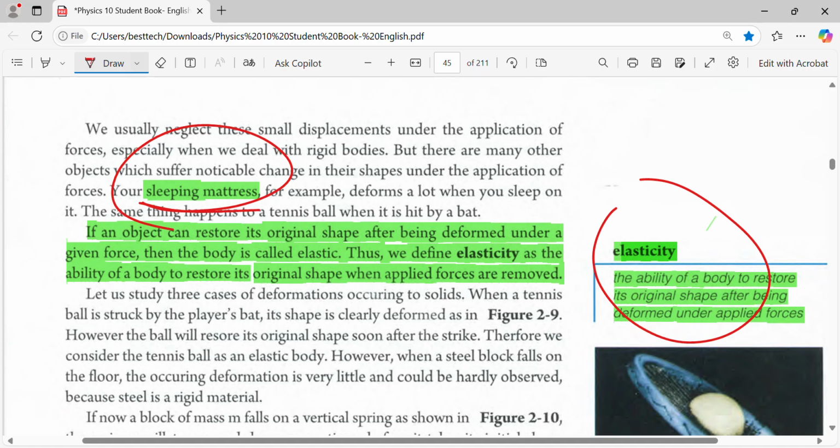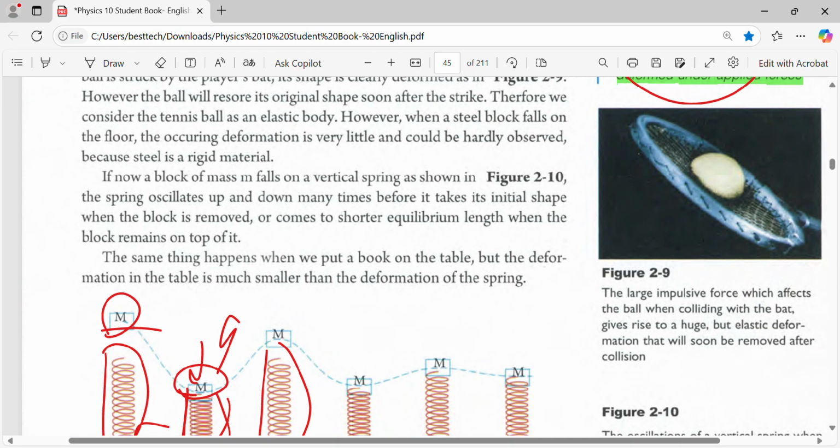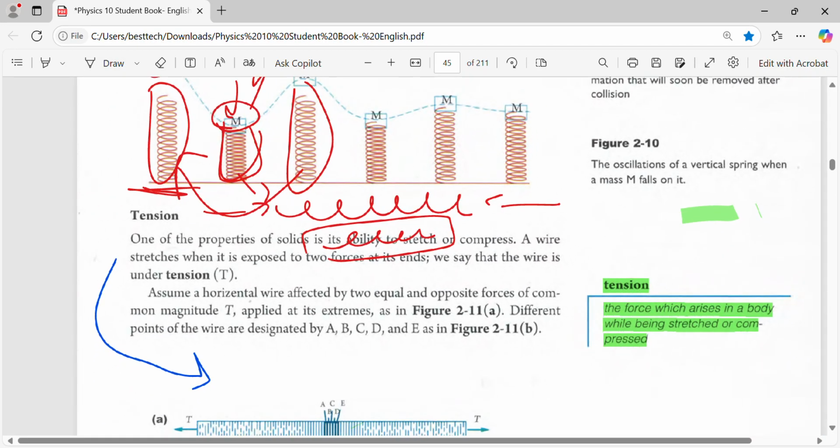So it's important to understand elasticity: after applying force, the object has the ability to return back to the original shape.